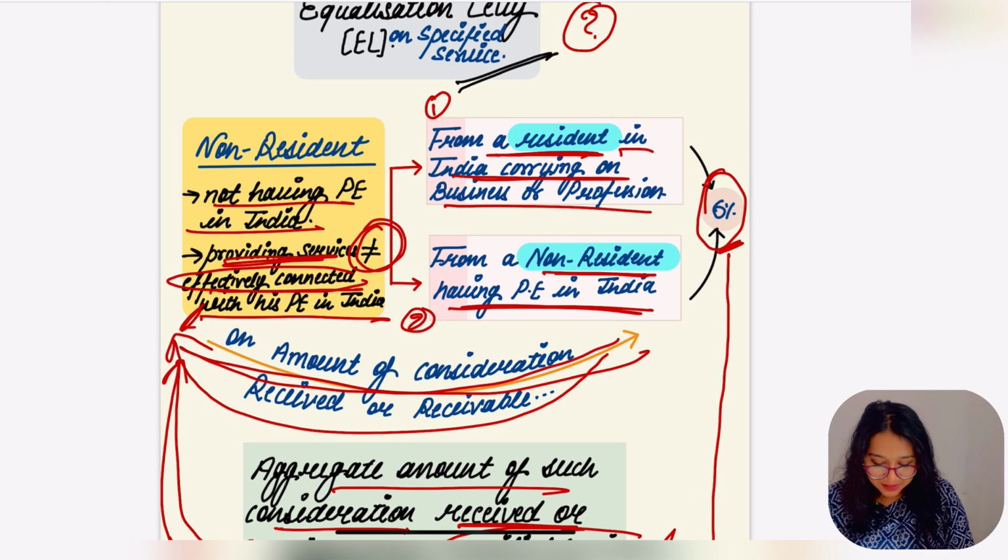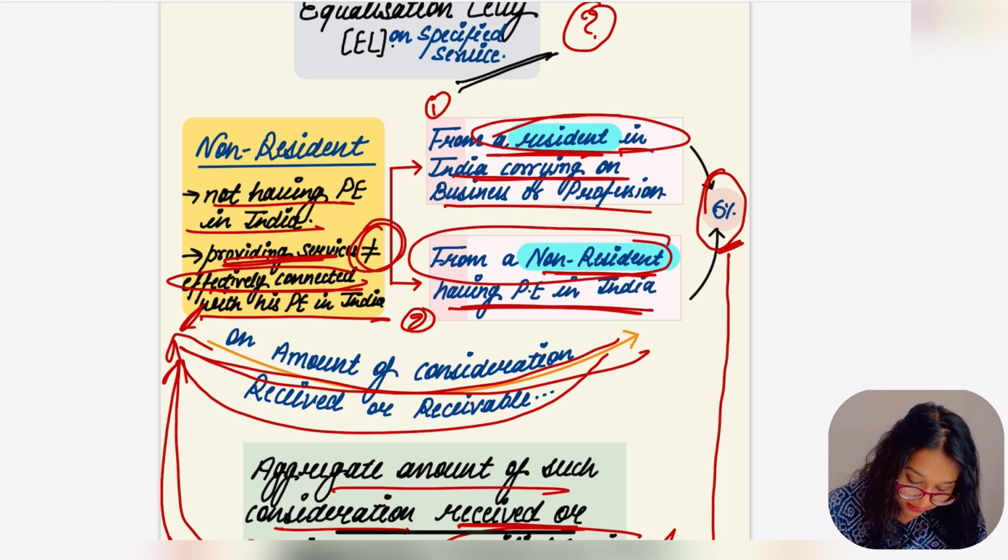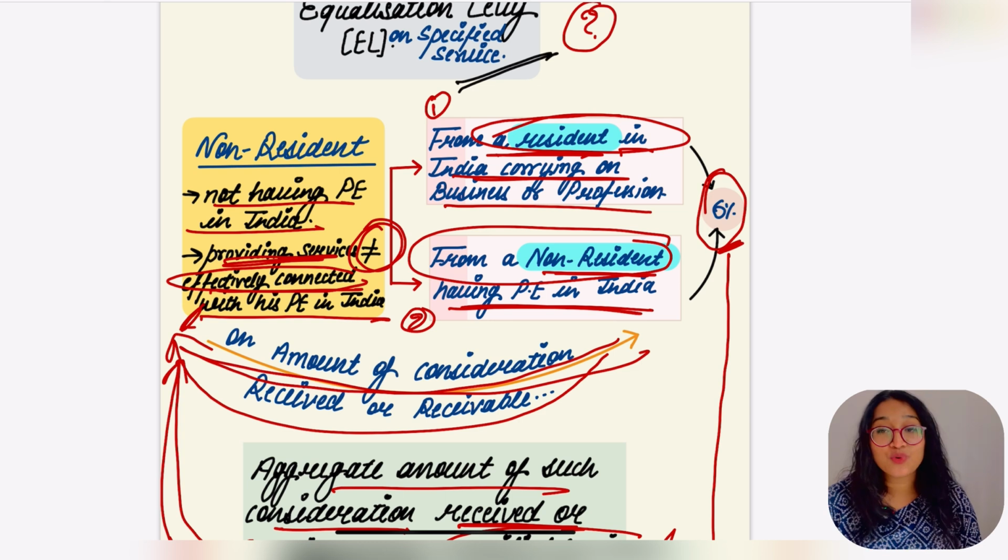Is it clear everybody? Now who is going to pay this equalization levy? These two parties, the resident or a non-resident, are going to pay this 6% to the government. And this is to be deposited before the 7th of next month.